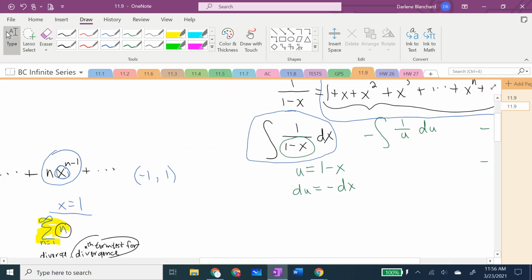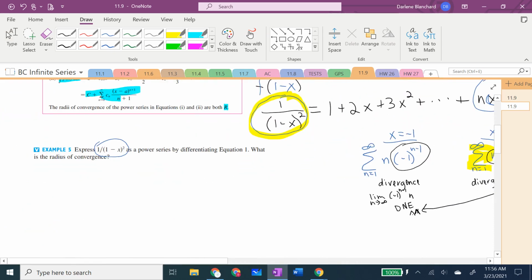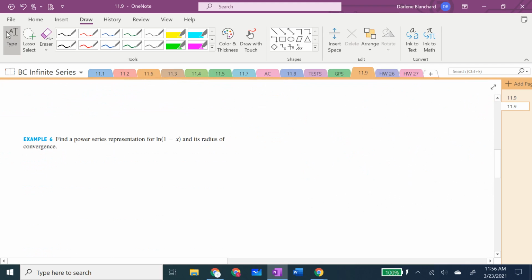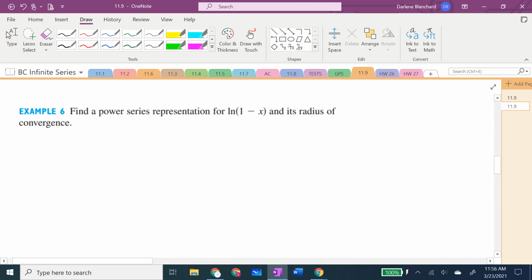partially done, I want to turn over to what the next example is. The next example wants you to find a power series representation for the natural log of 1 minus x and its radius of convergence. I'm going to go with the whole interval of convergence altogether.